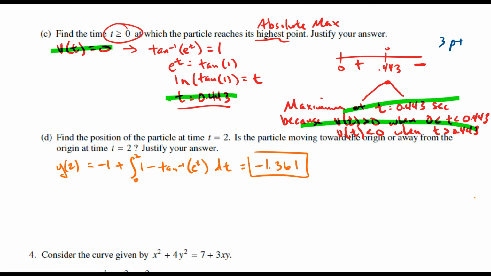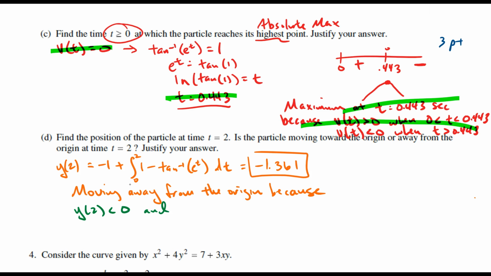So it's moving away for 2 reasons. Moving away from the origin because, well, why is it moving away? It's moving away because y of 2 is less than 0, which means it's left of the origin, but that doesn't tell me if it's moving towards it or away.